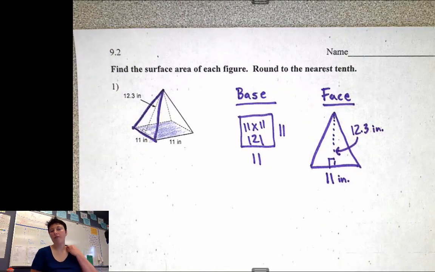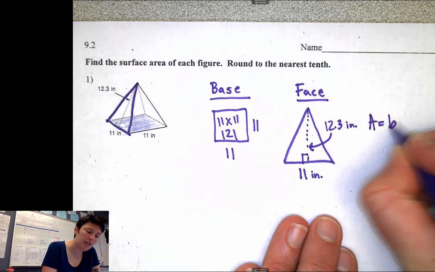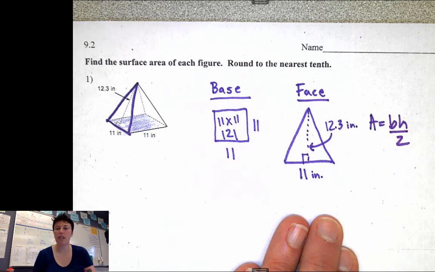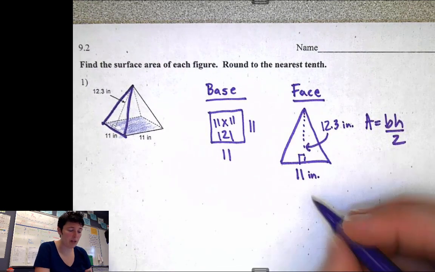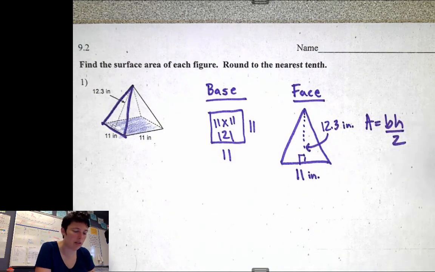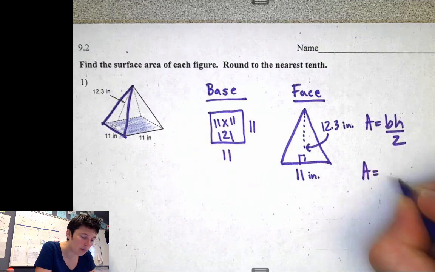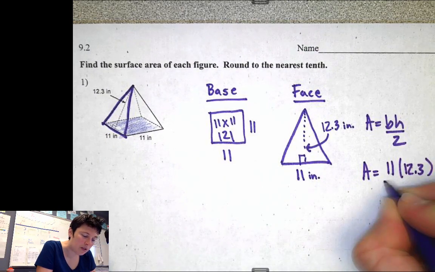So now that we have those two dimensions, remember how we find the area of a triangle? We have to do base times height divided by 2, something we already know how to do. Conveniently, they gave us the numbers. Here's the base, 11 inches. Here's the height, 12.3 inches. So the area of this triangle is going to be 11 times 12.3 and then divided by 2.